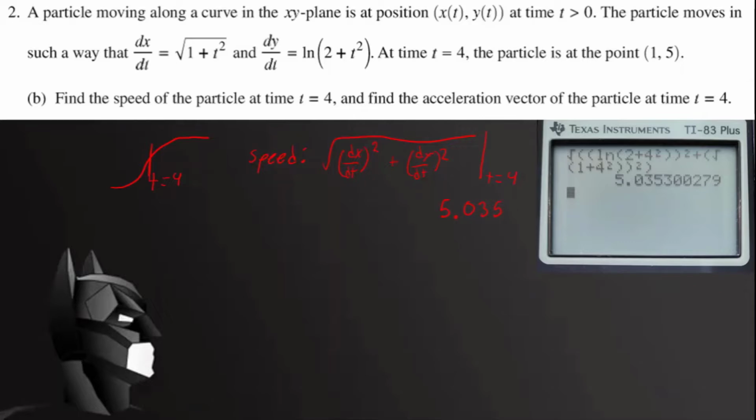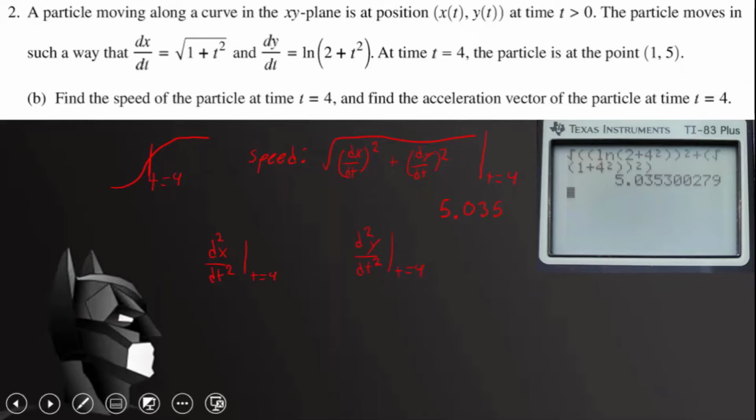Now to find the acceleration as we are going up the hill, we are going to take the derivative of dx/dt, so we would get d squared x/dt squared. And then we're going to evaluate that at t equals 4. And then we're going to take the second derivative for dy/dt squared and also evaluate that at t equals 4.